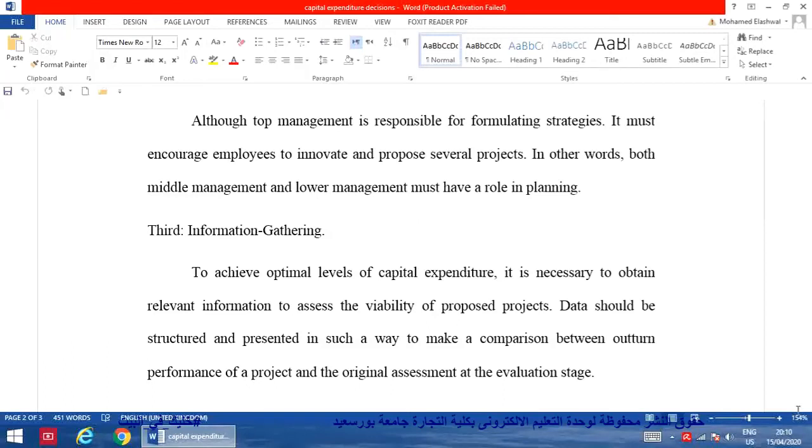So we need to gather sufficient, suitable and timely information related to proposed projects. Data should be structured and presented in such a way to make a comparison between outturn performance of a project and the original assessment at the evaluation stage.